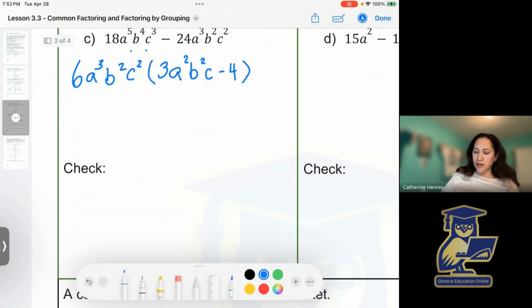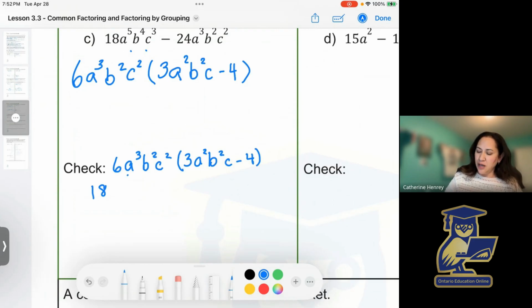Go back and check and just be careful with all of the exponents. So 6a^3b^2c^2 times 3a^2b^2c minus 4. So 6 times 3 is 18. A times a squared is going to be a to the 5. B squared times b squared is going to be b to the power of 4.